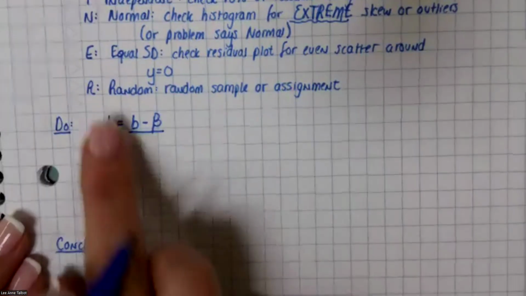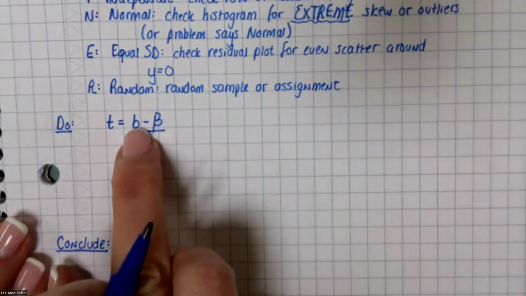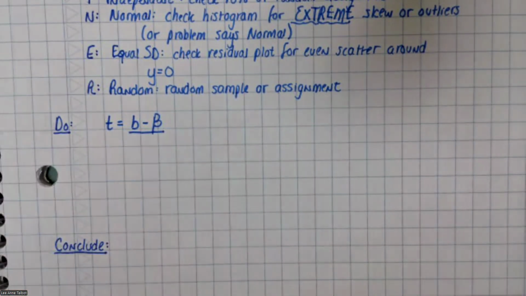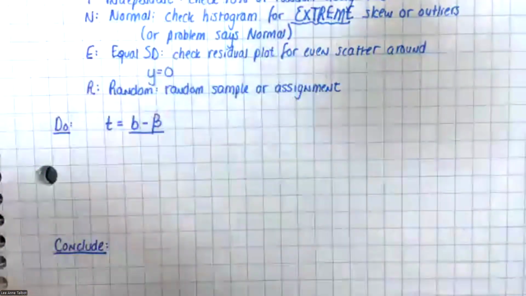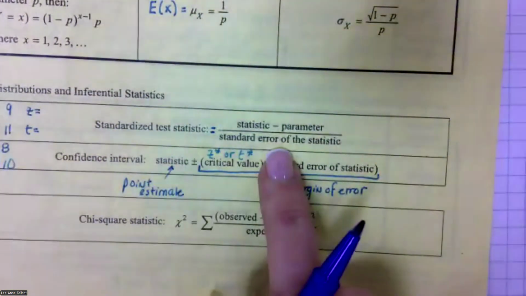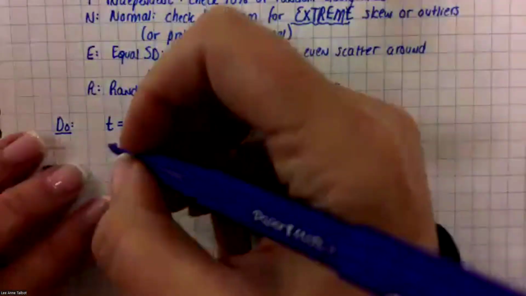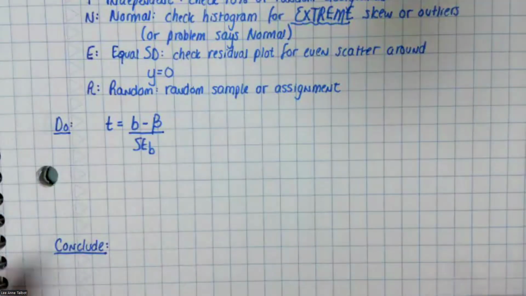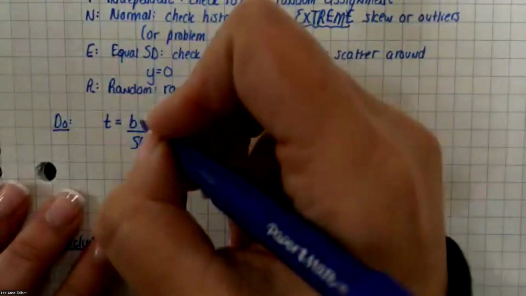So try to make yourself still write it, right? Whatever the sample slope is minus 0 over... Okay, and then standard error of the statistic is standard error of the slope, which also comes from the computer output.